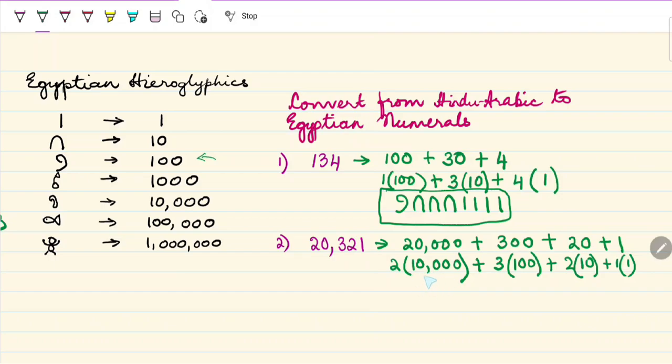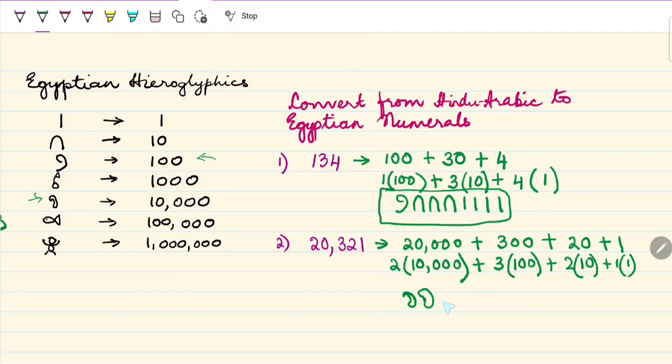All right, so 2 times 10,000. What is the symbol for 10,000? Let's look it up. It's a pointing finger here, this one. So we need 2 of those. So I'm going to write it as, maybe something like this. And we need 2 of these pointing fingers. And then 3 100s. So 100 is this coil or the rope.